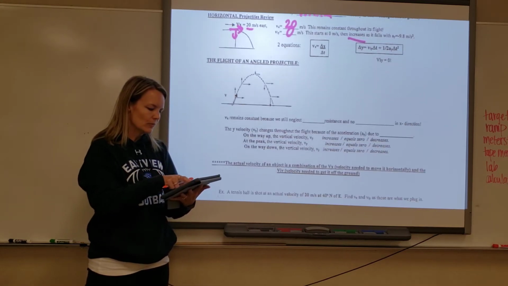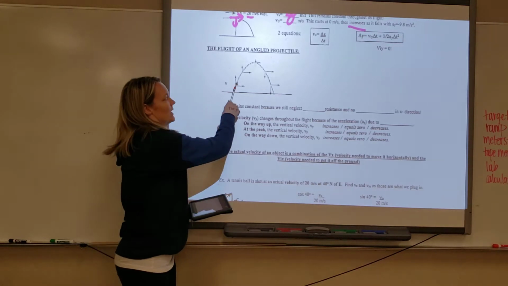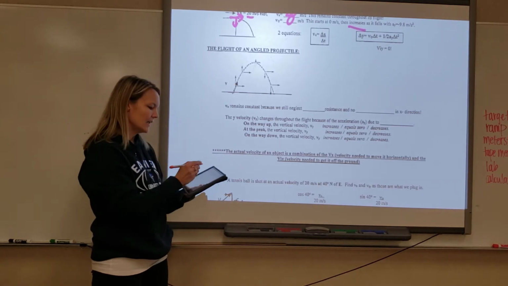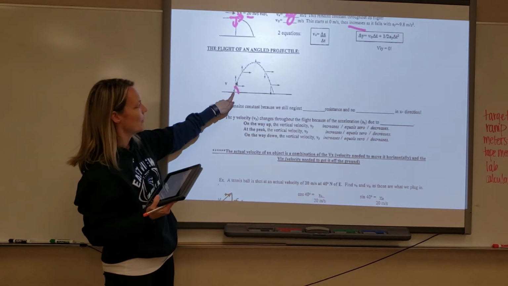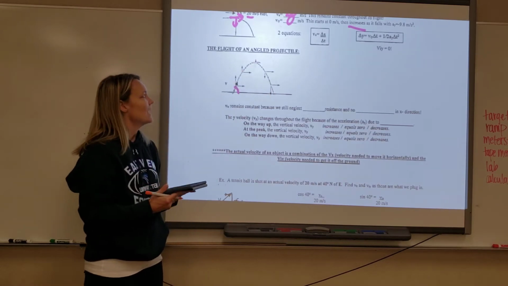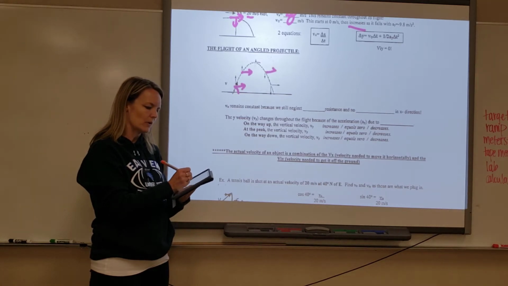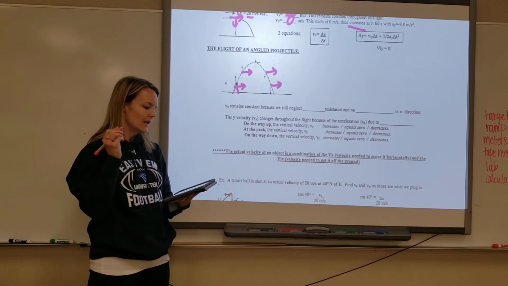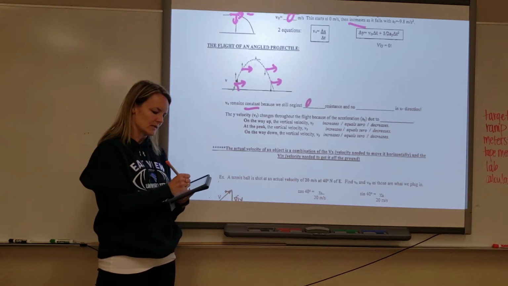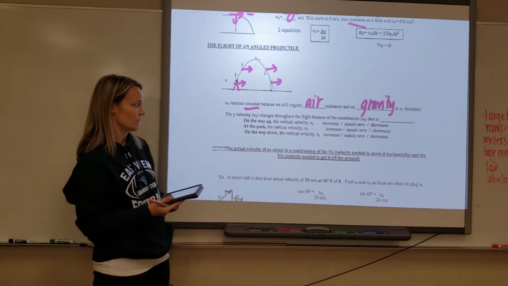All right, as we move forward, the Vx in the shape of this type of projectile, this is called an angled projectile. It is shot or thrown up at some type of an angle. It goes up and it comes back down. The Vx, the velocity in the x direction, it doesn't matter at which part of the flight we are at, it still remains constant because we still neglect air resistance and there's no gravity in the x direction.